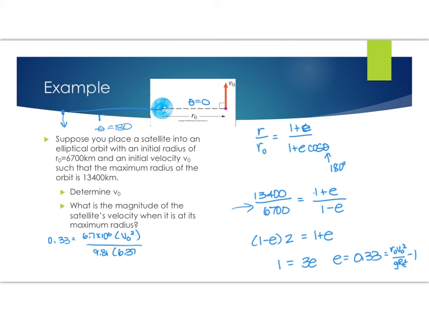Radius of the Earth is 6.37 times 10 to the 6 meters. And if I solve for this, I'll get V naught is equal to 8,886 meters per second. And so that was the velocity of our satellite at its closest approach.